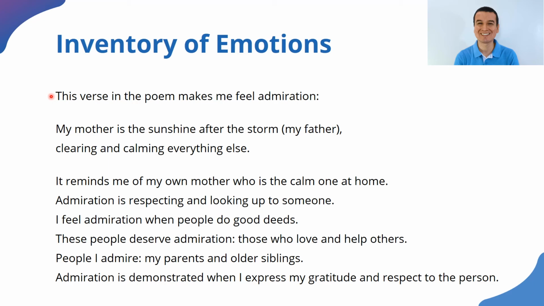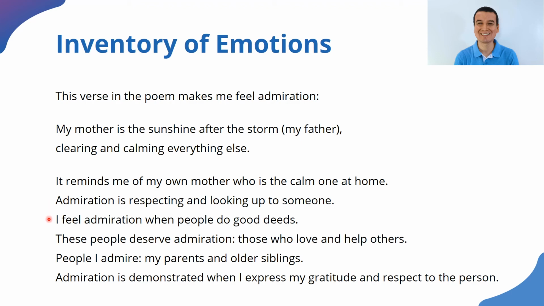Inventory of emotions. This verse in the poem makes me feel admiration. My mother is the sunshine after the storm, my father, clearing and calming everything else. It reminds me of my own mother, who is the calm one at home. Admiration is respecting and looking up to someone.